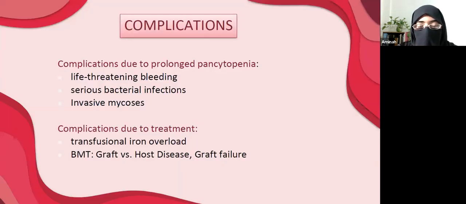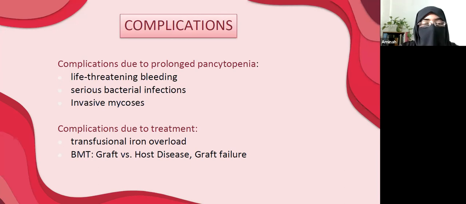The complications of aplastic anemia are usually due to prolonged pancytopenia. For example, thrombocytopenia can lead to hemorrhage, and neutropenia can cause serious bacterial infections and eventually make the patient more susceptible to invasive fungal infections. There are also complications due to the treatment.